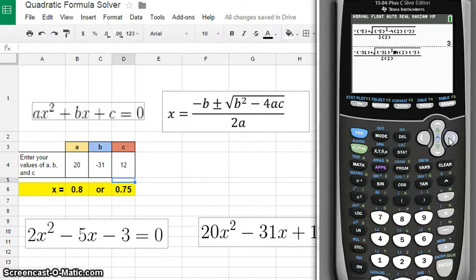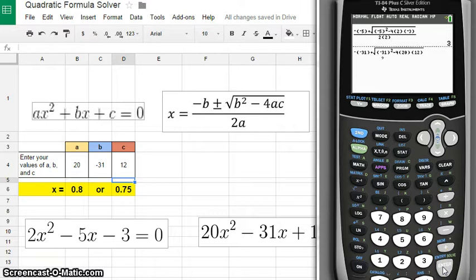My a is equal to 20. And my c is equal to 12. Okay, over 2a, my a again is 20.